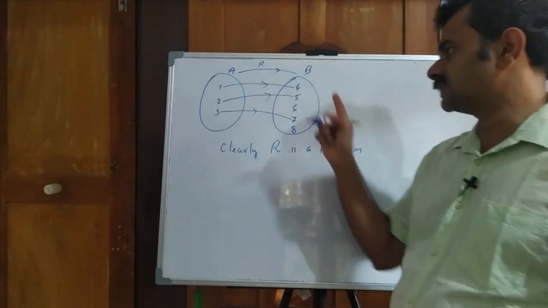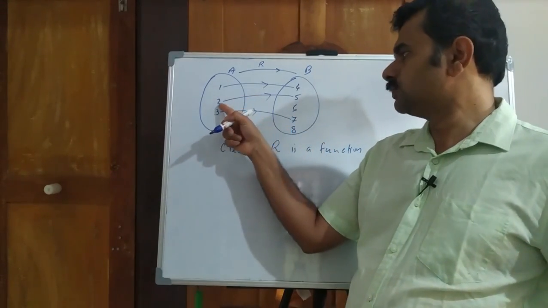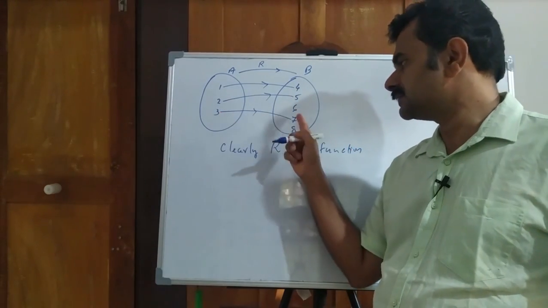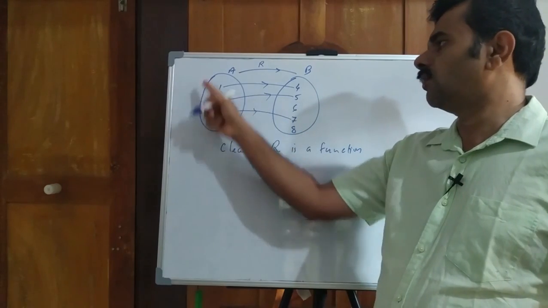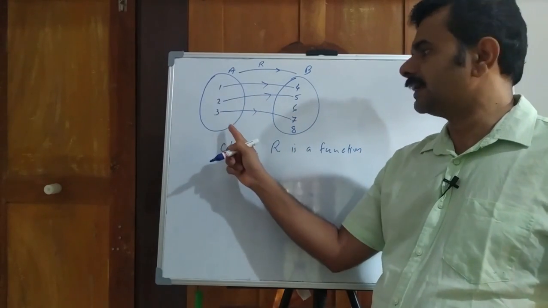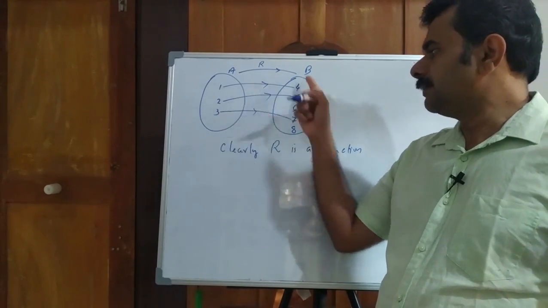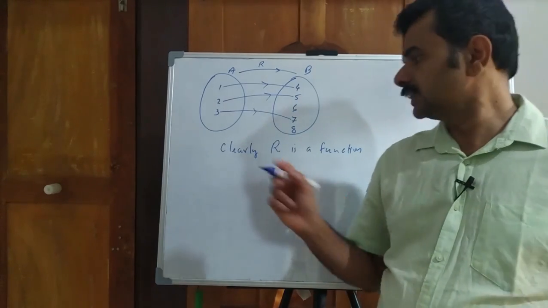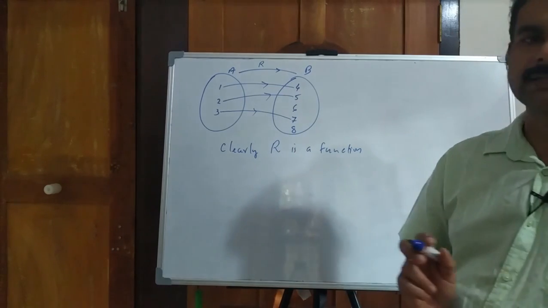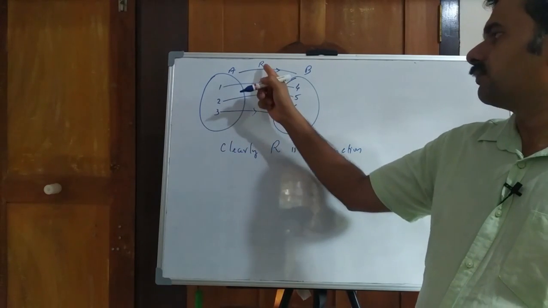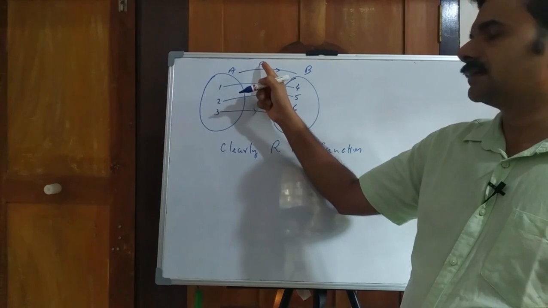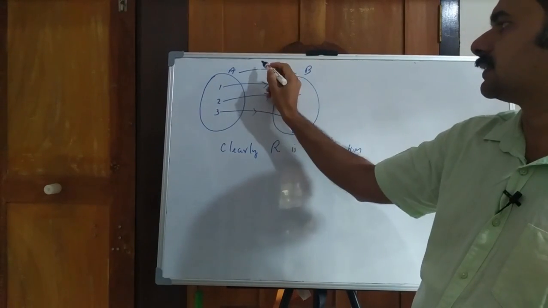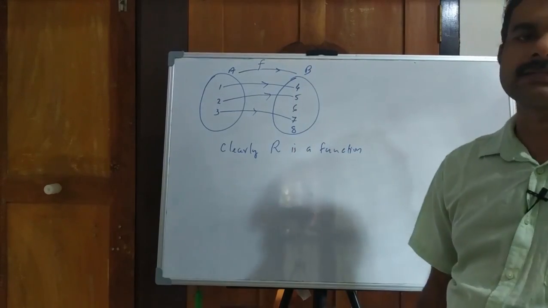Image of 2 is 5, only one image. Image of 3 is 7, only one, isn't it? So all elements of the set A have images which are unique in the set B. Therefore, R is a function. Therefore, we can change this R to F. Now it is a function.